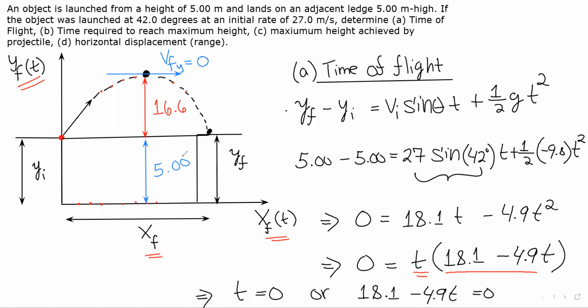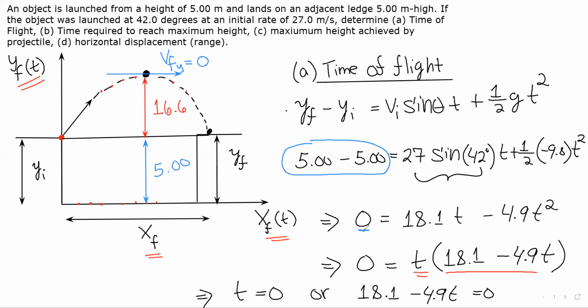I just want to emphasize, because a lot of students would simplify the scenario and say, wait a minute, I start out at a height of 5, but then I land at the same height, which gives me a height difference of 0. Again, I could simplify the situation and see this as starting from the ground, landing on the ground.